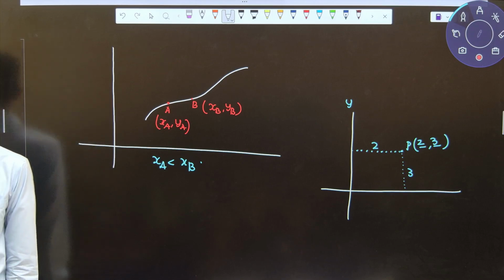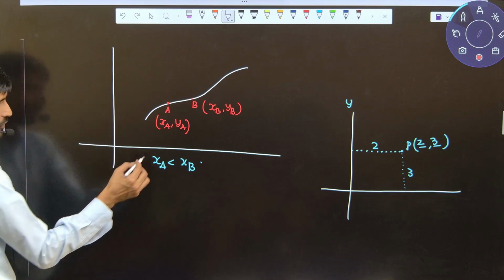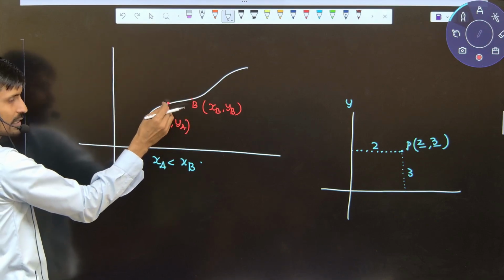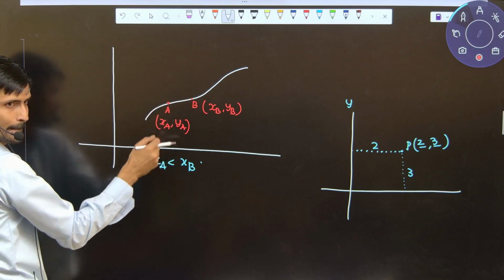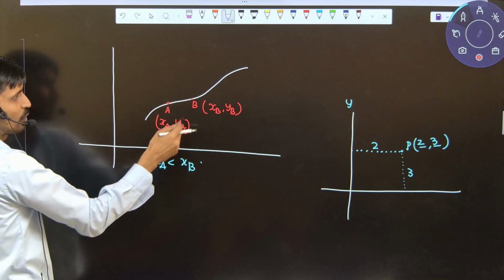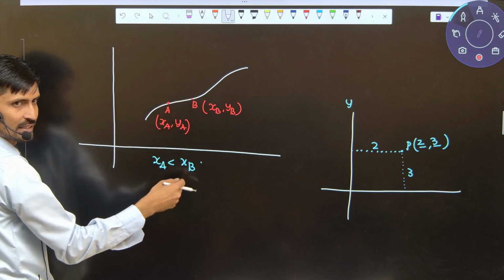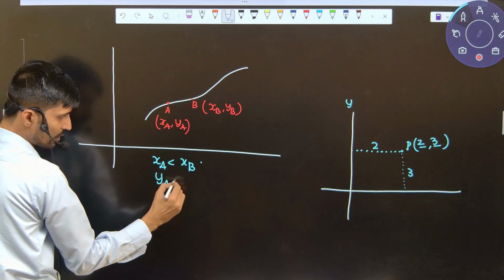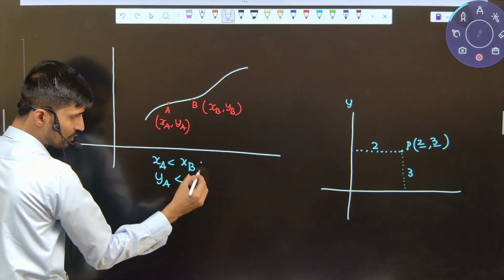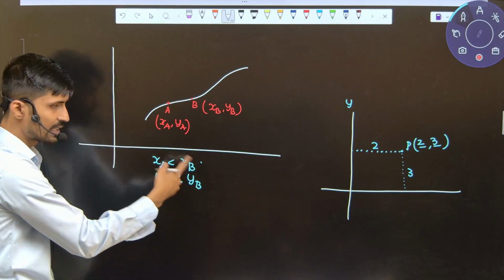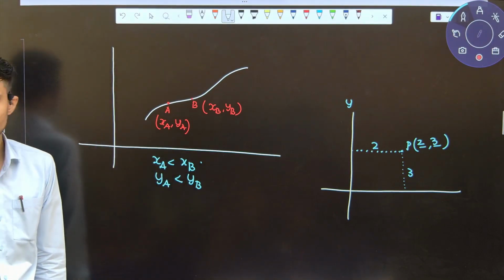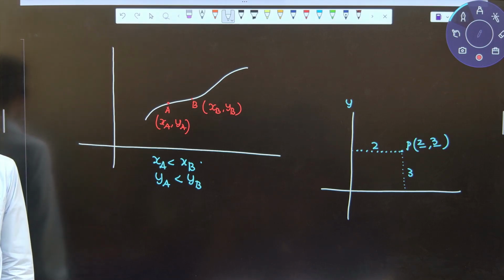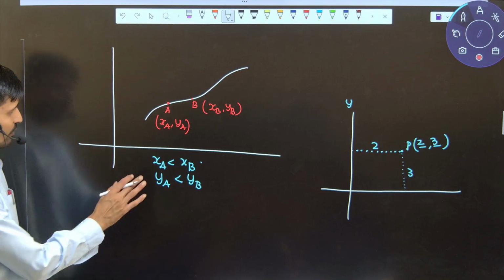Yes? Now, on the x-axis, which point is near? A. Which point is farther from the x-axis? B. It means the y coordinate of A will be less than the y coordinate of B. That less than and greater than totally works on distance from the x-axis and distance from the y-axis. This is clear? Okay. So this is the understanding.